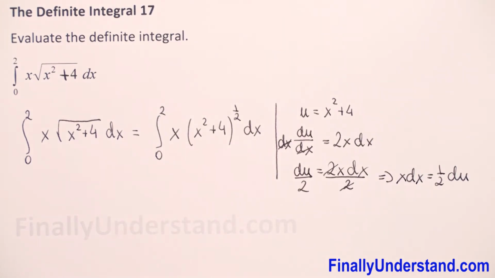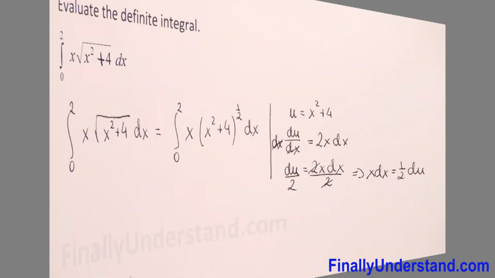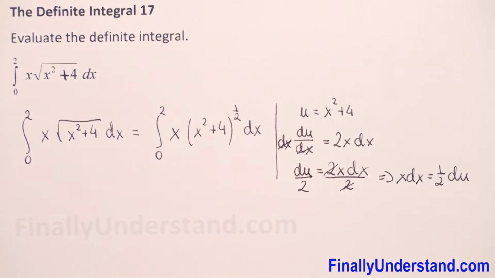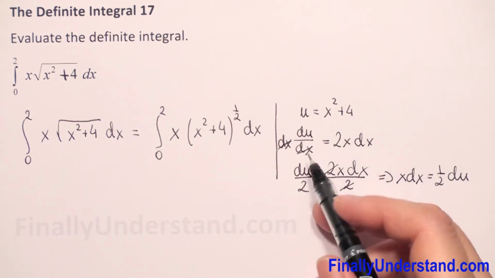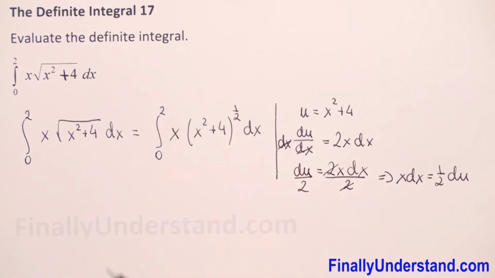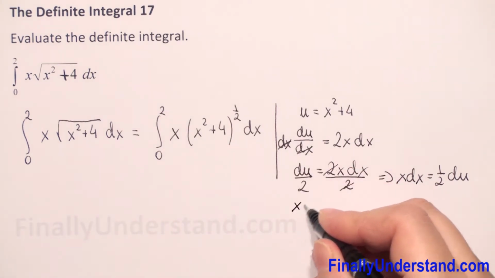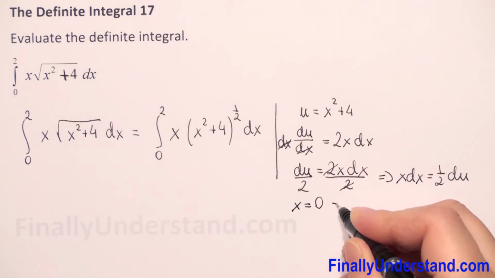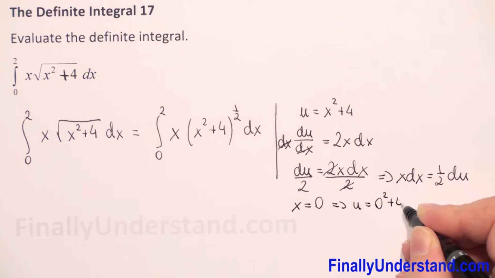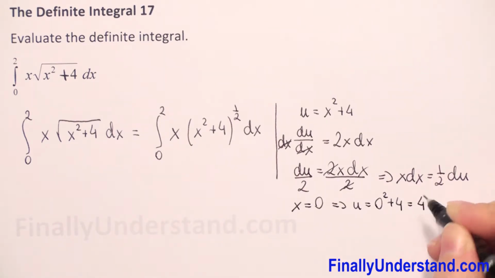Next step, when we have definite integral, we have to change our limits, upper and lower. So we need to find how much equals u for x equals 0 and x equals 2. For x equals 0, we will have u is equal 0 squared plus 4 is equal 4.